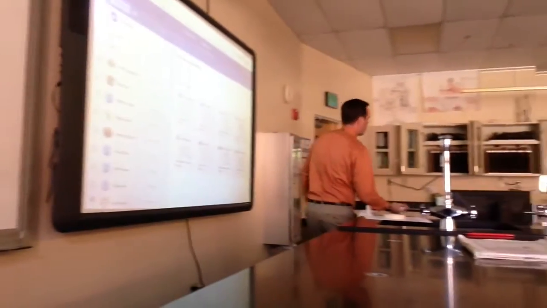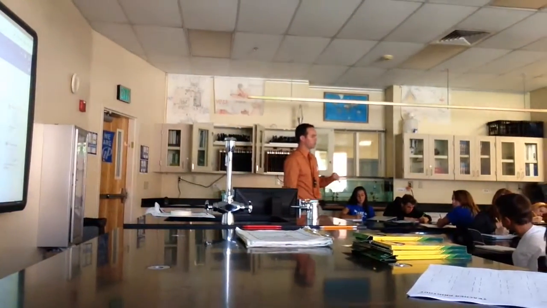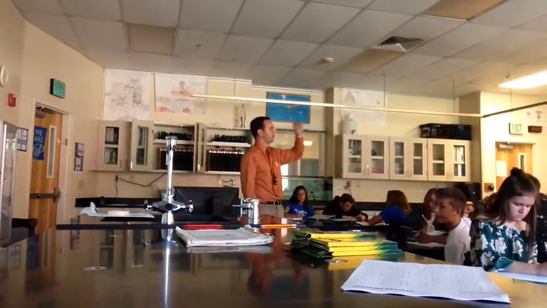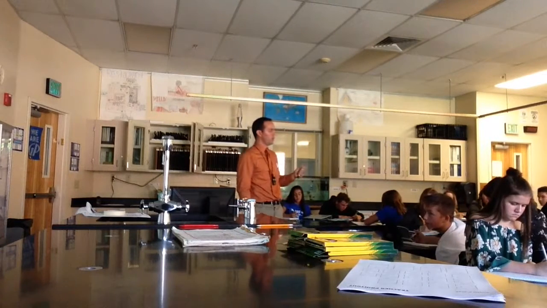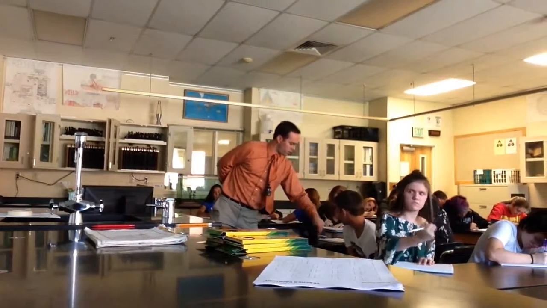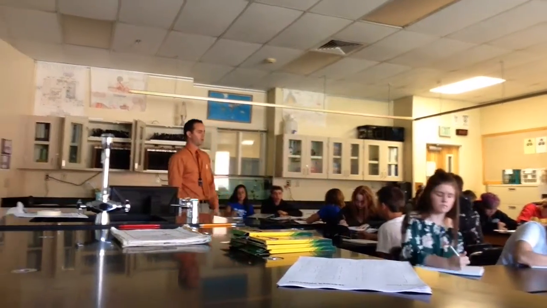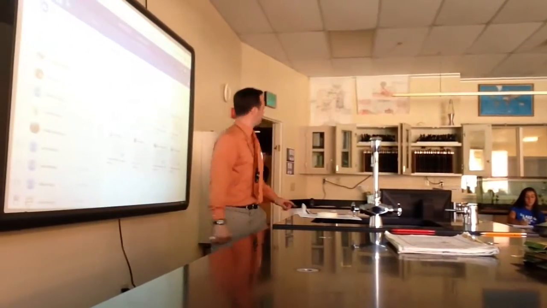We put it in the same spot every day, the same way every day, so that as you flip through your notebooks, you know where to look. You don't have to read through your notes to figure out what the notes are about. You've got a little topic written right there. So it's an organizational piece. So right here, we want formation of Earth. Wherever you put it, put it in the same place every single time. Good to go? All right.